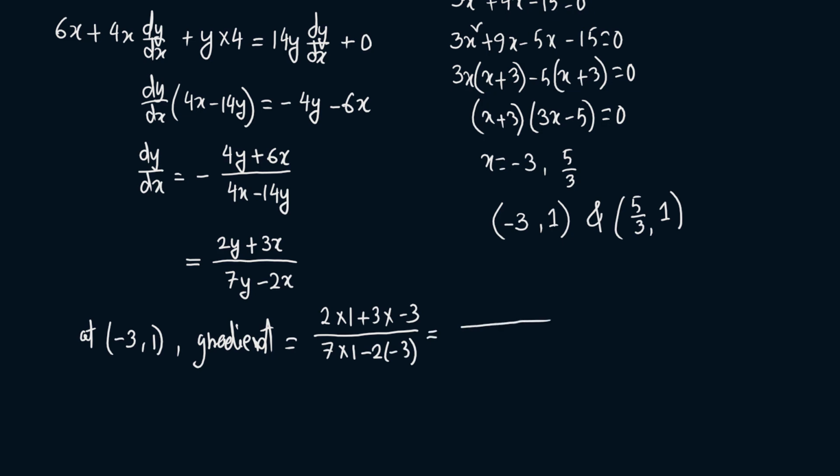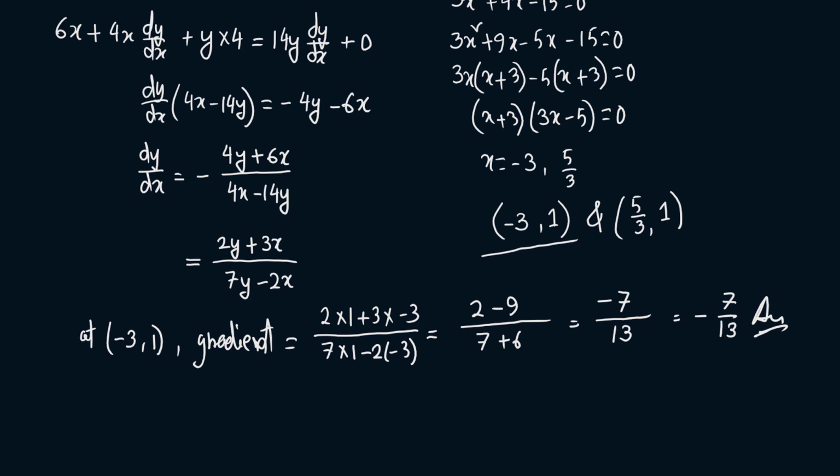So it gives us 2 minus 9 on the top and 7 plus 6 on the bottom, which is minus 7 divided by 13. So minus 7 over 13. This is the first answer at the point minus 3, 1.